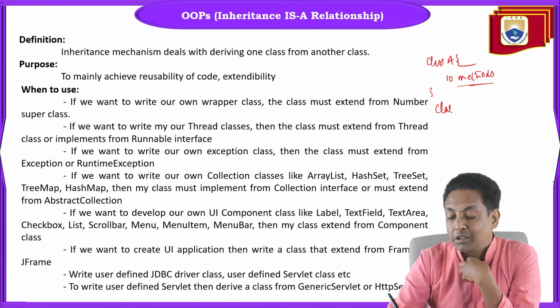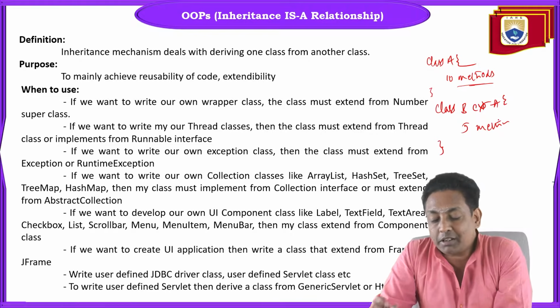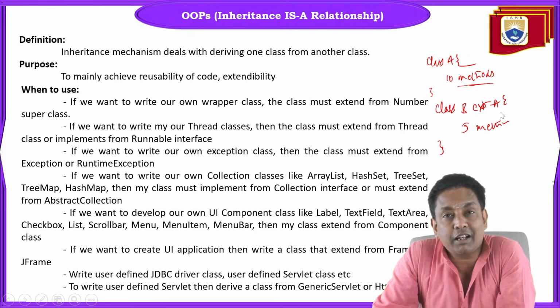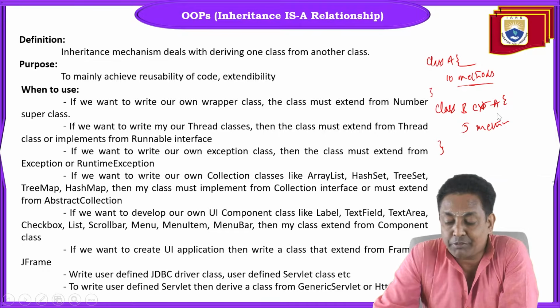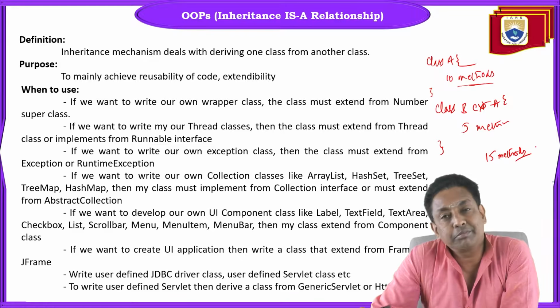So what I'll immediately do is let class B extend class A. I'll add 5 methods here. Altogether, how many methods does class B contain? 10 methods coming from A and 5 methods belonging to B. Altogether, to the clients, B claims that I'm giving 15 methods.